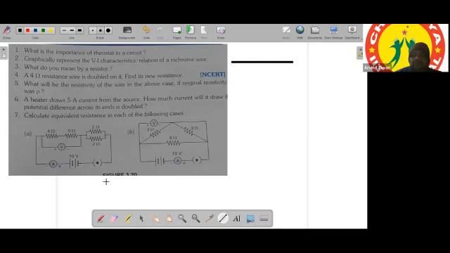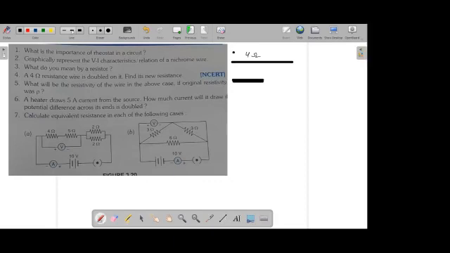Sir, this is a wire. It has the resistance 4 ohm. Then it is doubled on it. So doubled on it means now it's like this, and the same part again over here. So now what will be the new resistance? Here it has the resistance R equals 4 ohm.